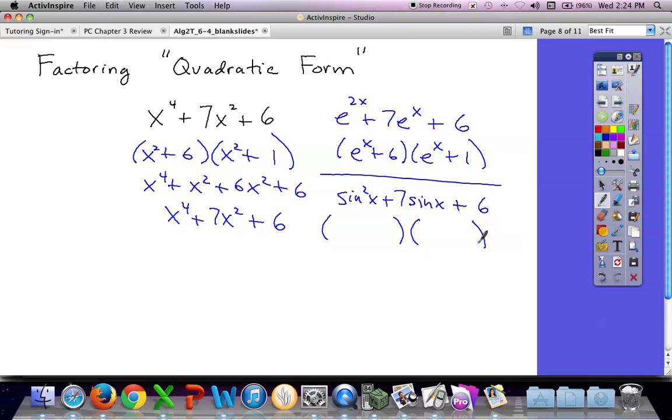Sine x plus 6, sine x plus 1. Every time you're just using the same kind of factoring you did with quadratics, even though it's not a quadratic. That's what we mean by quadratic form. It has kind of the form so we can use the same factoring, even though it's not a quadratic.